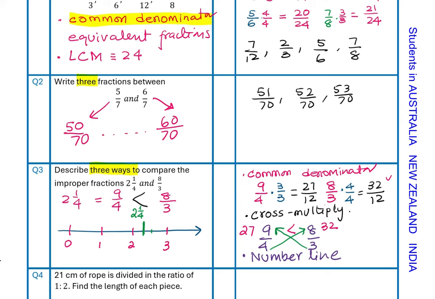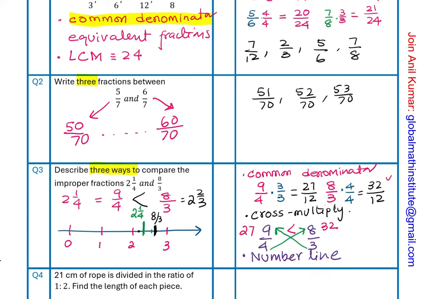Let's rewrite this, right? So it is 2 and 2 thirds, right? So what we are going to do is divide the space between 2 and 3 into 3 equal parts, correct? So 1, 2 and 3, and there it goes. This is 8 by 3.